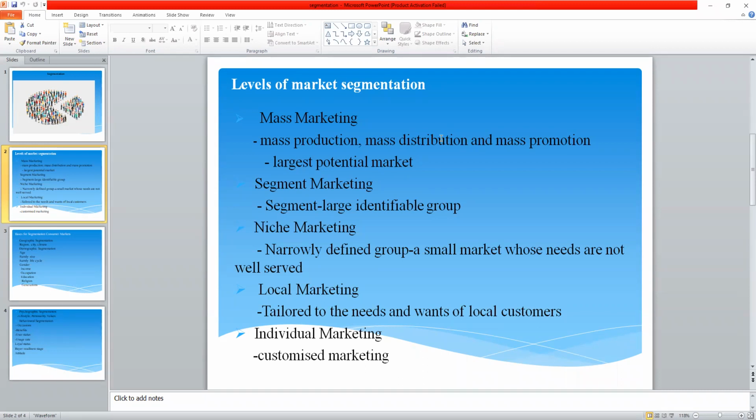So even for the advertising media or distribution channel, here the one size fits all mantra is used. Some of them say that mass marketing is dying now because of the competition that is happening, but that's not the case also.